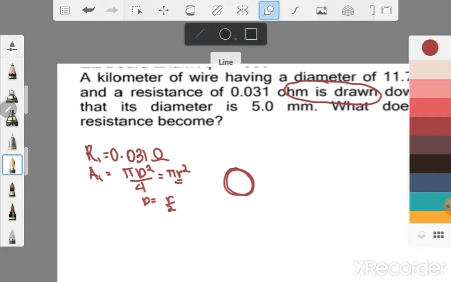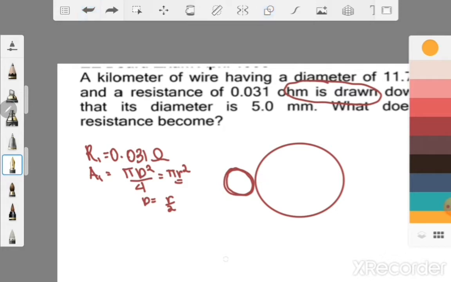So gandahan natin yung circle. If this is your circle, this is your diameter, and this is your radius.